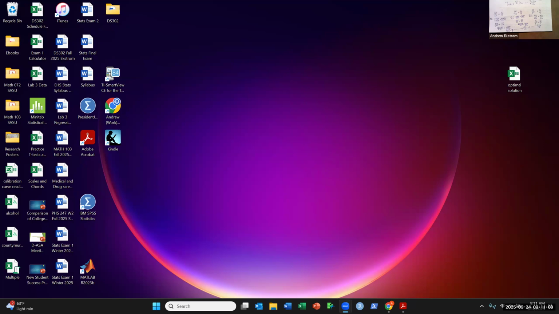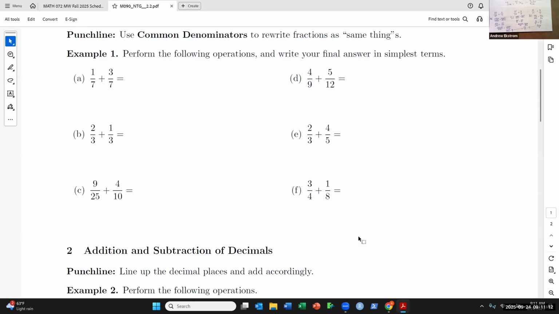So if we look at some of the example problems that we've got here, can we reduce that? No. Can we reduce that? No. So we can cross multiply, work with that.